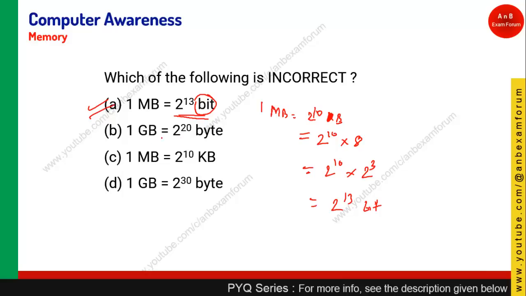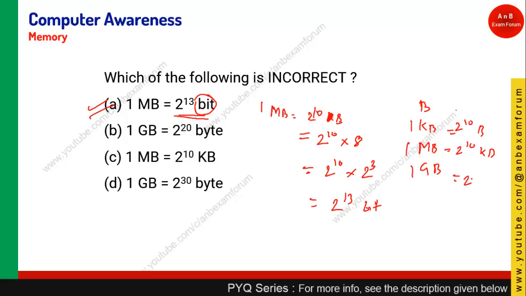1 GB is 2 power 20 bytes. Let's see. As you know, let me make a diagram for you. First is byte, then kilobyte, then megabyte, then GB. So 2 power 10 bytes become 1 KB. 2 power 10 KB become 1 MB.